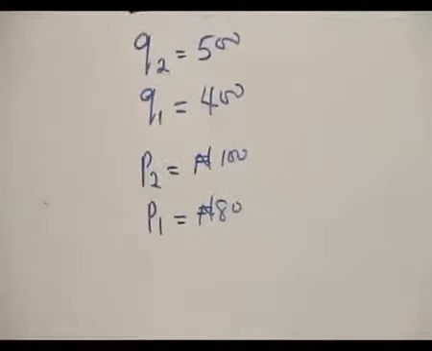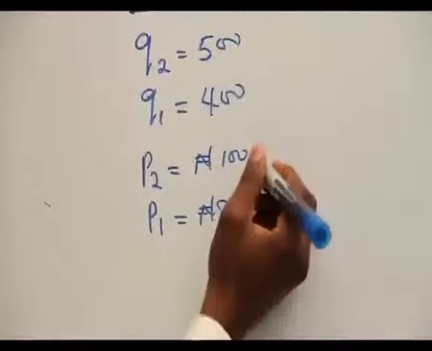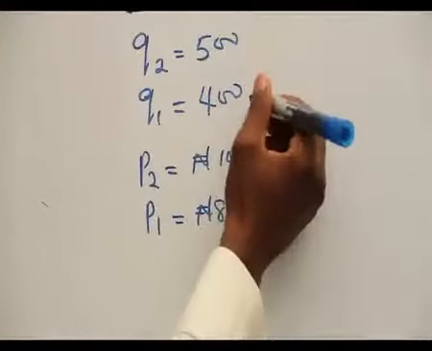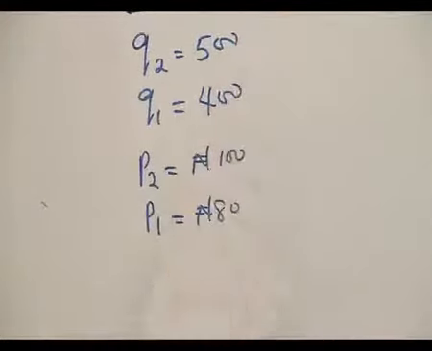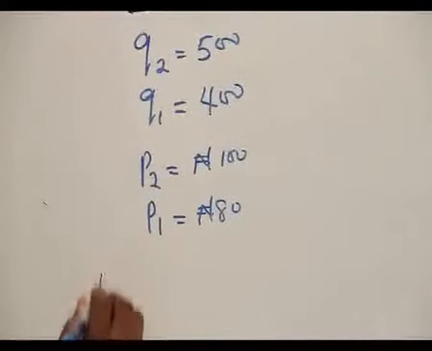That is, when the price increased from 80 naira to 100 naira, quantity supplied increased from 400 to 500. We can now work out our price elasticity of supply.